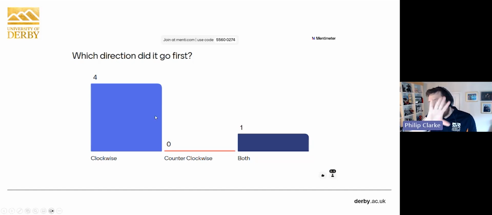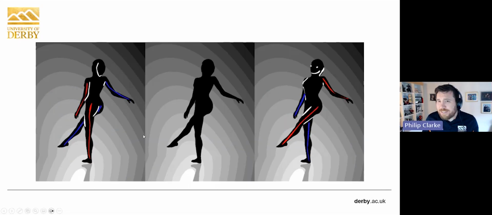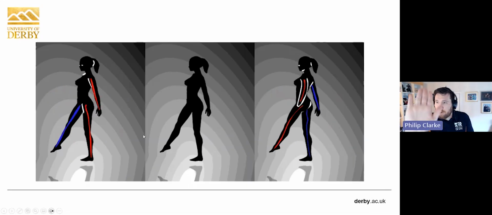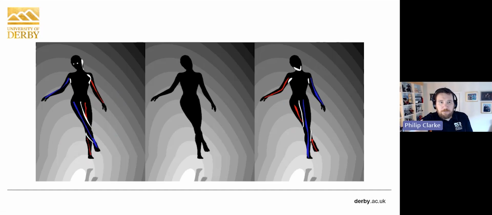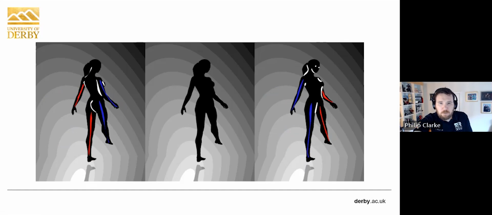Try not to look at all of these three at the same time because it can be a little bit much. I want you to look at the left and the middle first. Okay, let's bring it up. So if you look at the left and the middle first, if you put your hand out like I'm doing in front of it and look at the left and the middle, you might go, oh, look, that's going one direction. Okay.